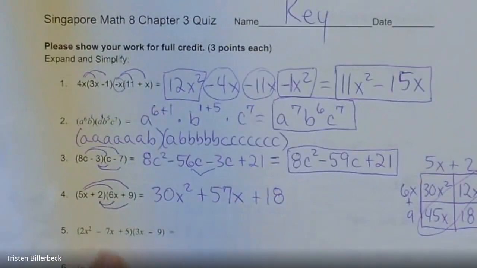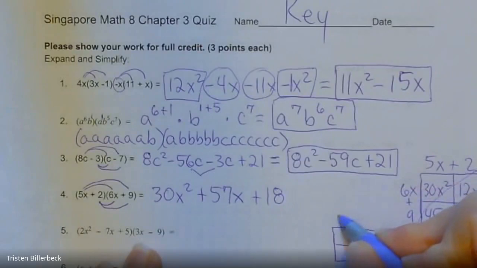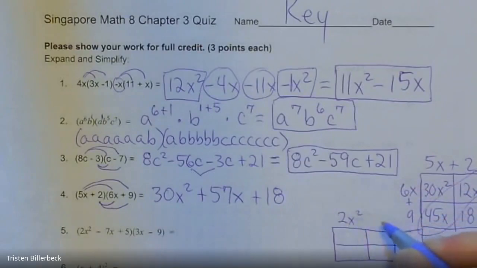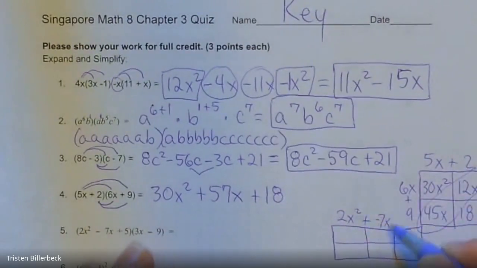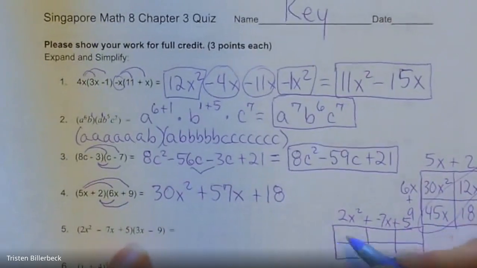Okay, the box comes in really handy when we have a trinomial with a binomial, so let's use that. Okay, so we have 2x squared plus negative 7x, and note I'm putting the negatives with the actual number and the pluses in line with these bars. And then this is going to be 3x plus negative 9.